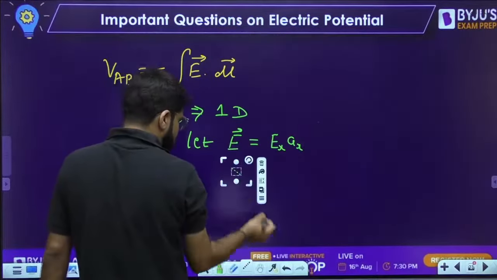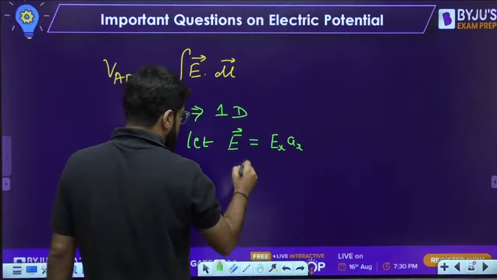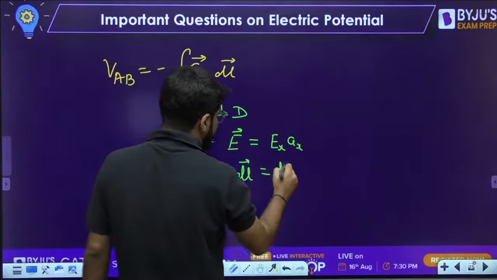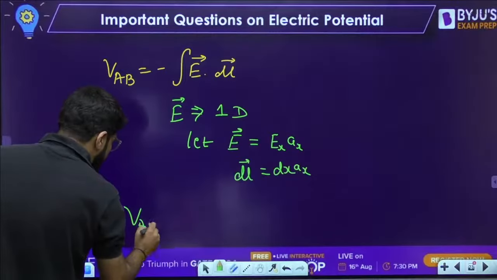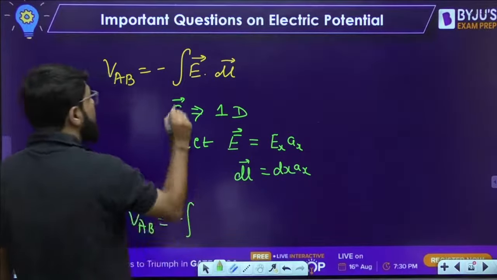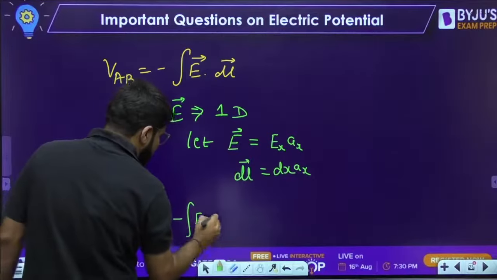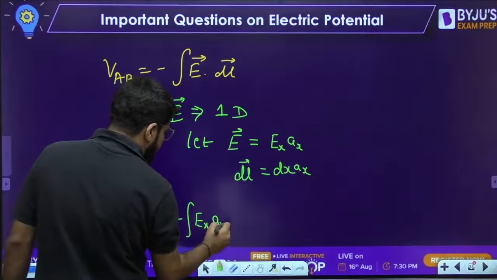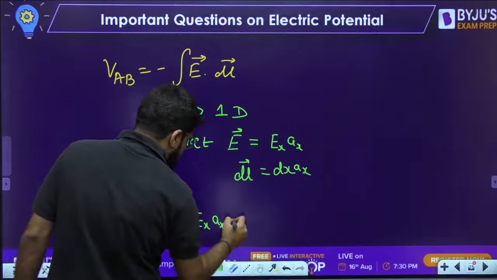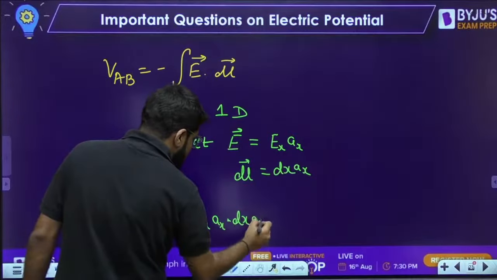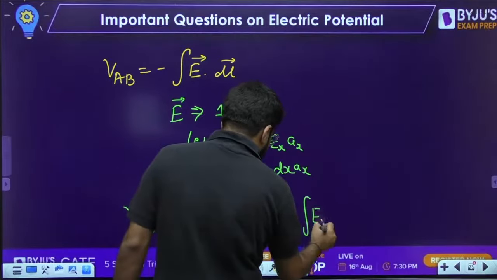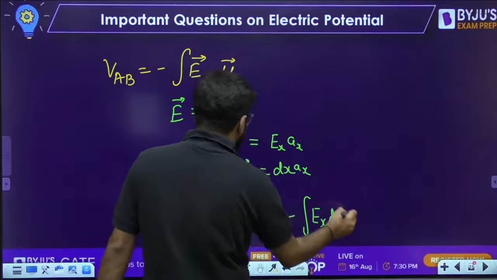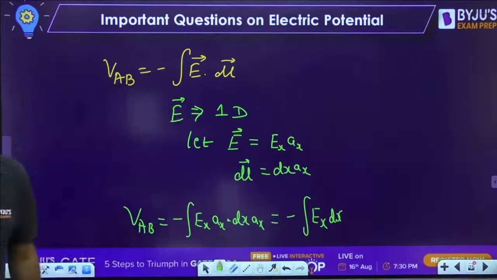If that is the case, dl can also be taken along the x direction only, so VAB will now become negative of the integral of Ex ax dot dx ax. So ax dot ax is 1, and eventually you have negative of Ex dx, where Ex will be a function of x.